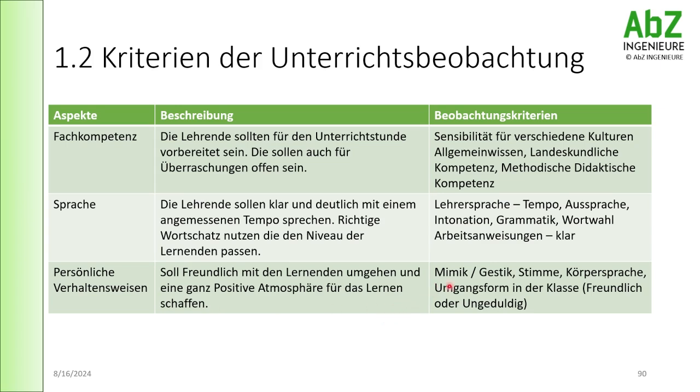So for this, the body language of the teacher plays a role. His actions, Bewegung, his Mimik, Gestik, his tone, and how is the class environment, how is the teacher's behavior, friendly, calm, not short-tempered, enough patience. Those are the things which we have to consider for Persönliche Verhaltensweisen.